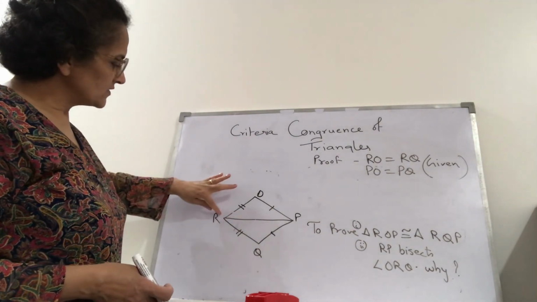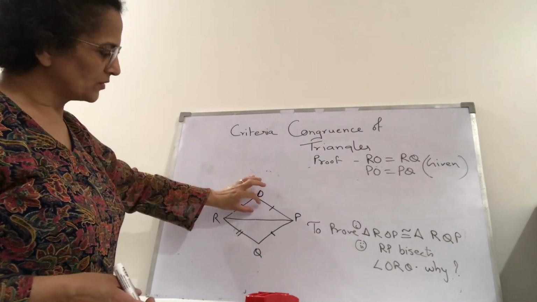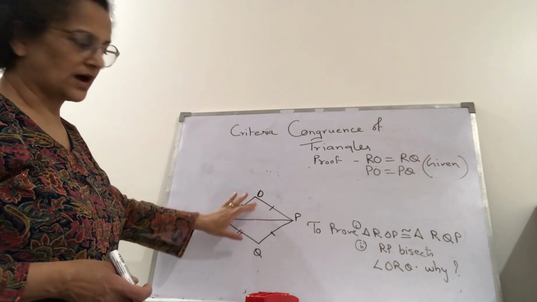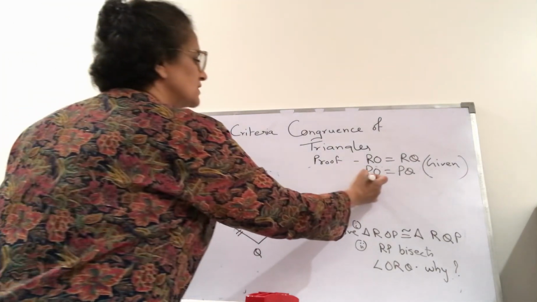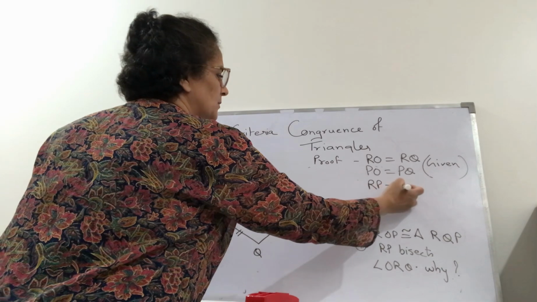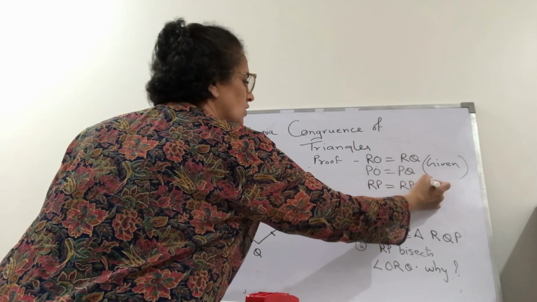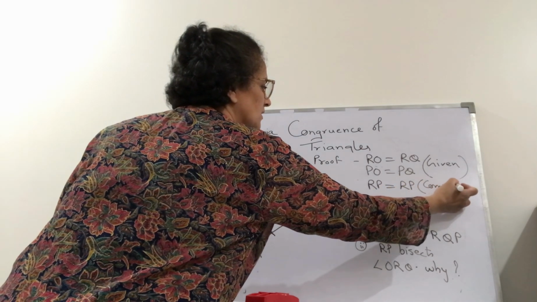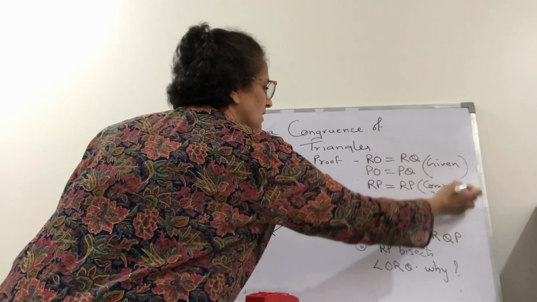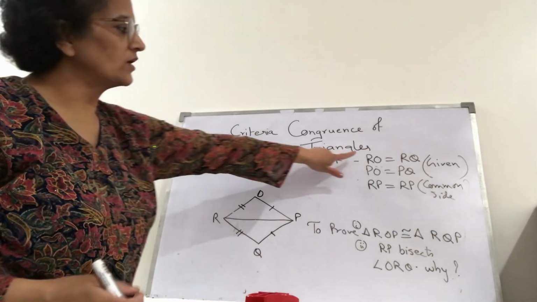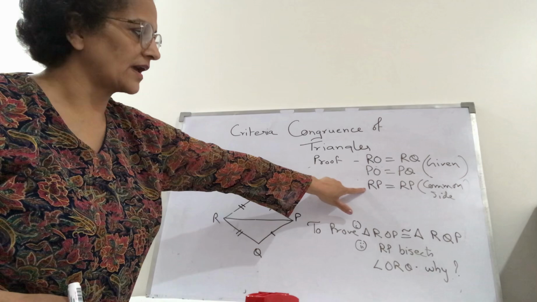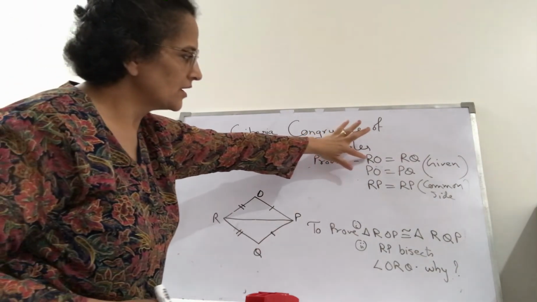Now we can see RP is common to both the triangles. So we can write RP is equal to RP, common side. Now you can see we have got side, side and side.